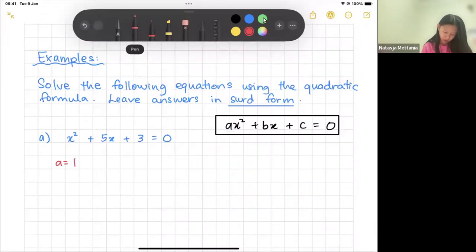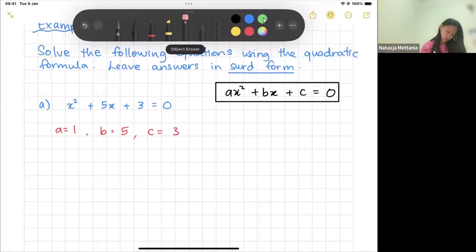So a is equal to 1. What's my b? b is the number in front of the x, a positive 5. And my c is that positive 3. Once I've written what my a, b, and c are, I'm going to write my formula.